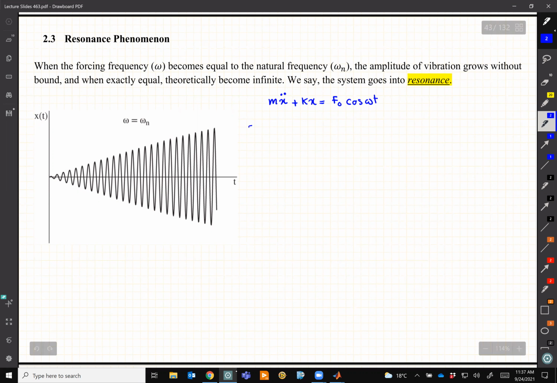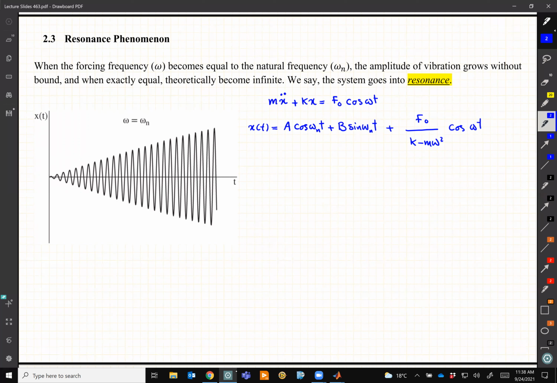So we find the solution x(t) to be a cosine omega_n t plus b sine omega_n t, and then f0 over (k minus m omega squared) cosine omega t. This was the answer. However, when we have omega equal to omega_n, we will see there is a problem.